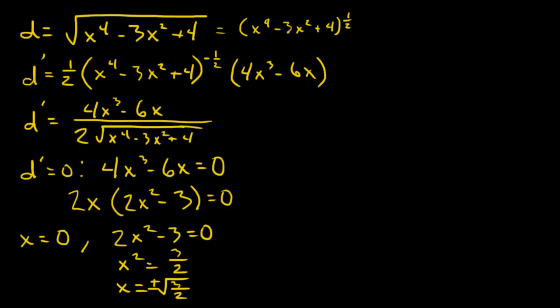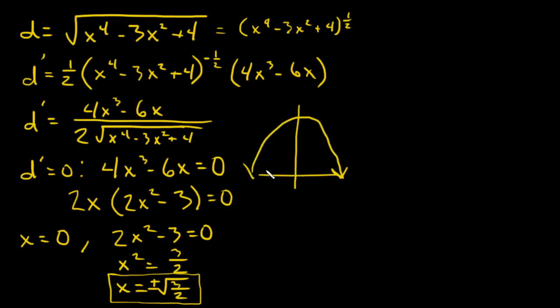Now, notice I have a positive x value and a negative x value. This right here is what we're looking for, because this kind of makes sense. If you look back to the graph, which I'll sort of sketch out, I had something that looked kind of like this. And then I was looking for the points that were closest to this number right at this point.